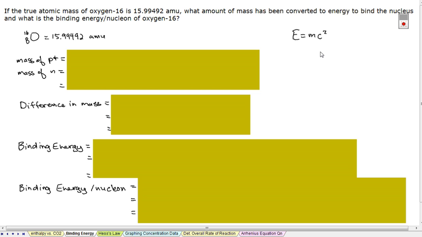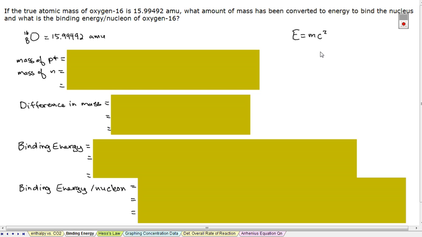Now, if the true atomic mass of an oxygen 16 nuclei is 15.99492 atomic mass units, what amount of mass has been converted to energy to bind the nucleus, and what is the binding energy per nucleon of oxygen 16?